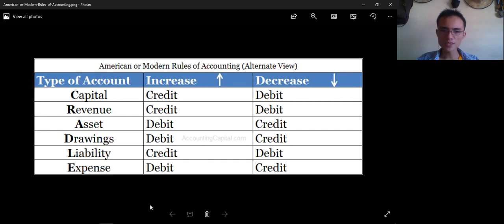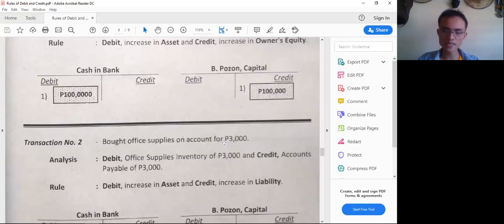Anyhow, the point is that those are accounting elements. Under accounting elements are the account titles. In this case, the accounting element is asset and the account title is office supplies inventory. In this case also, the accounting element is liability and the account title is accounts payable.